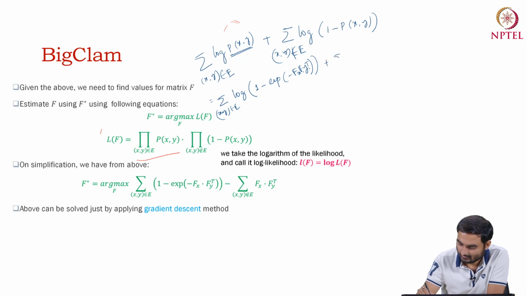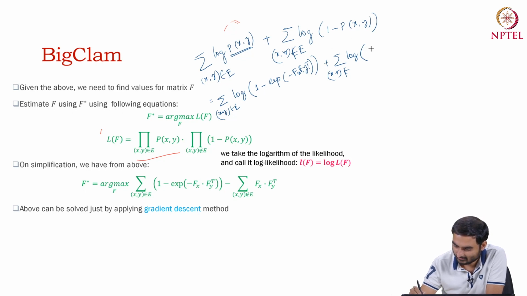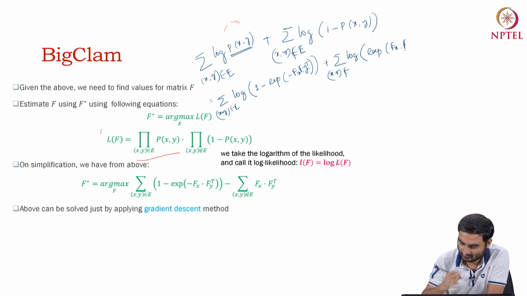Then for the other term, the 1 will cancel out, and we end up with log of exponential of minus fx times fy transpose, which is basically minus fx fy transpose, since the log and the exponential cancel each other.